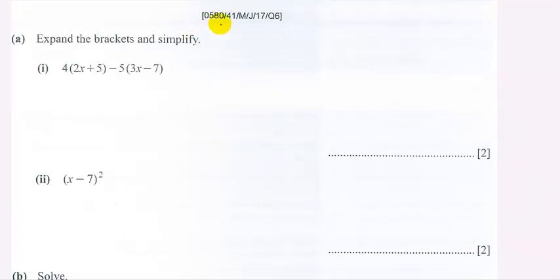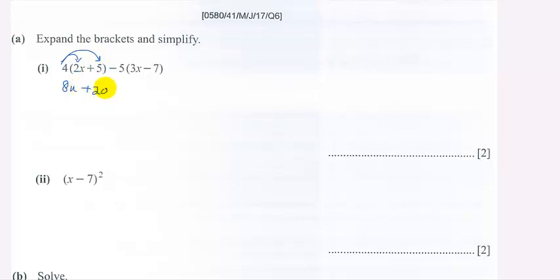This is question paper 4, variant 1, May/June 2017. Expand the brackets and simplify. It's not a difficult question. So what we do here, we multiply this 4 with here: it is 8x, 4 with this as well, 20.